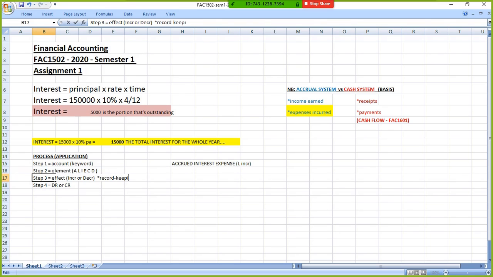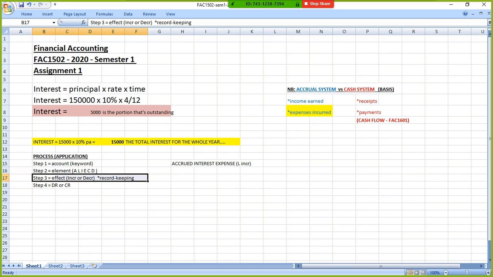So step number 3 is looking at, maybe just to add something next to this, record keeping. Okay. We know accounting is a system for presenting information for people to use. Accountants create the information, then financial managers use that information. You're probably not going to do any financial management courses, but if you look at UNISA's structure, you can't do any of the finance courses if you haven't done accounting. This is actually a prerequisite.